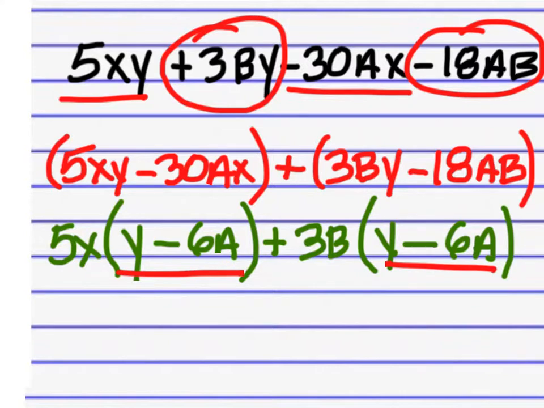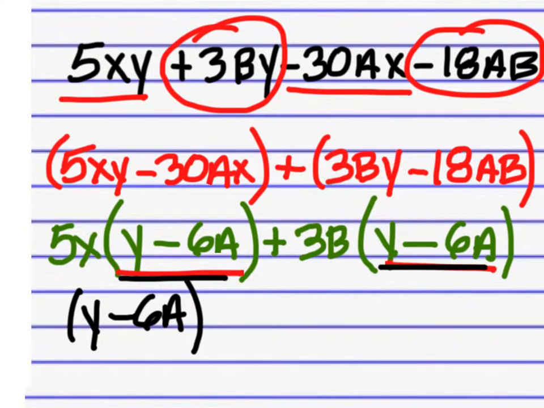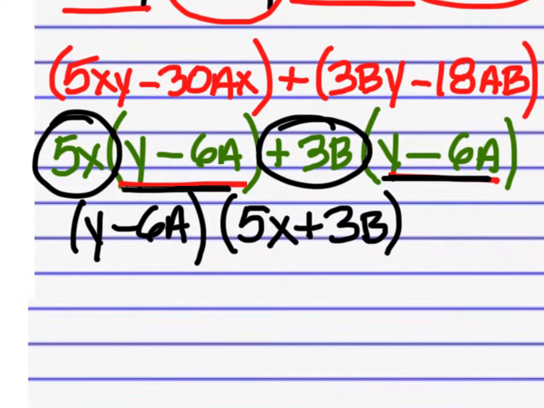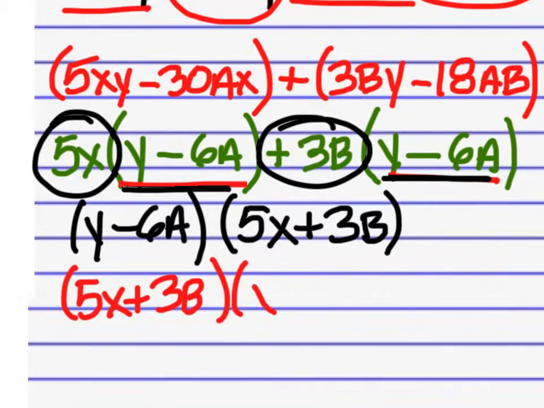And if that's the case, then you can go to your answer, which means you write one of these quantities here, y minus 6a, only use it once, and then you create the second quantity by using this and this, including the sign, 5x plus 3b. If you write these in reverse order, 5x plus 3b and y minus 6a, it is still the same answer.